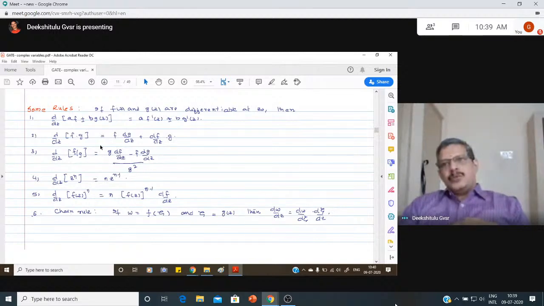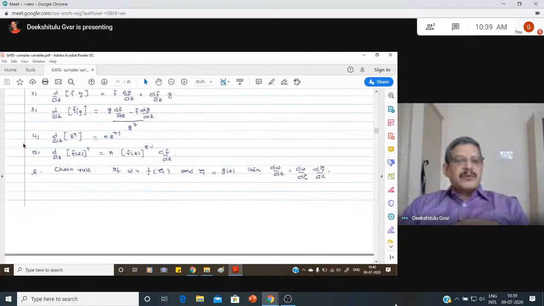This is also the u by v formula, the quotient rule. Then d by dz of z power n is n into z power n minus 1, also usual calculus, same thing. d by dz of f of z whole power n is n into f of z whole power n minus 1 into df by dz.